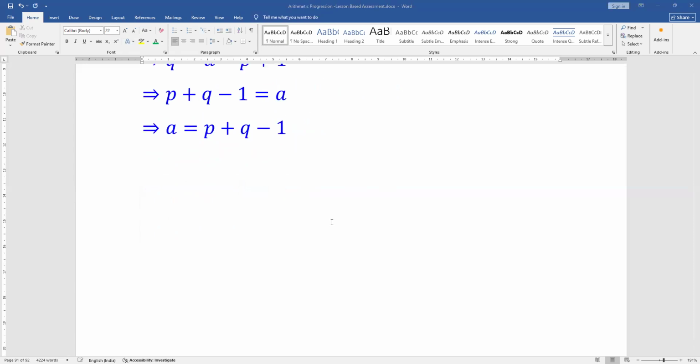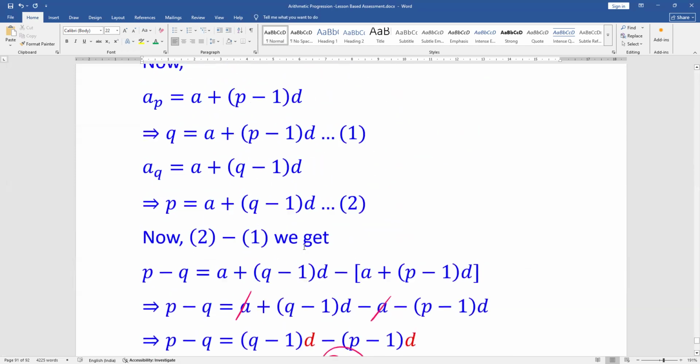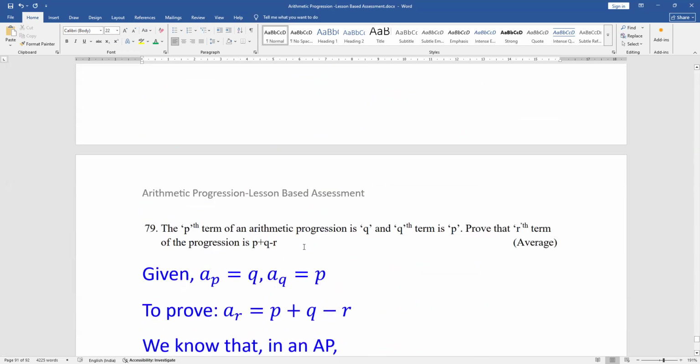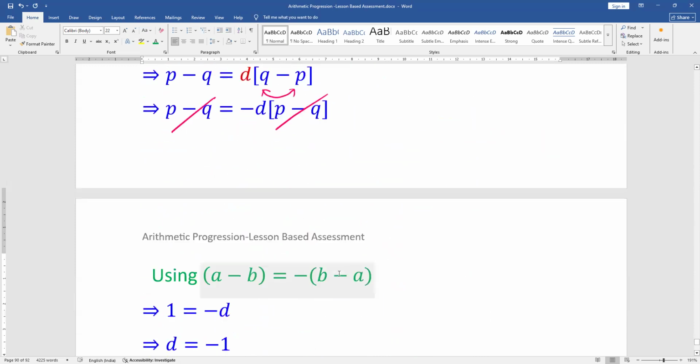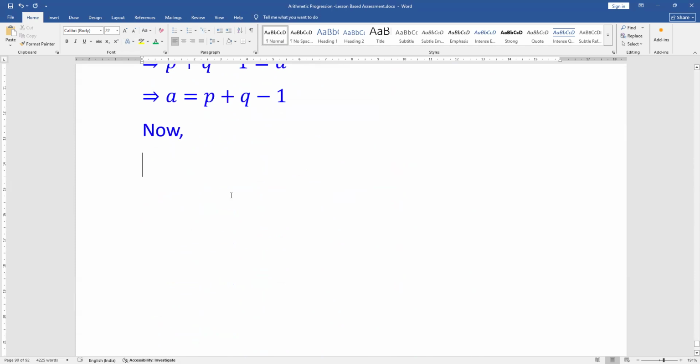Then I have now AR. So already we need to find out what we need to do. In this problem, we need to prove that the rth term of the progression is p plus q minus r, correct? So we find out the rth term. The rth term, we already know, is AR equals a plus r minus 1 into d.